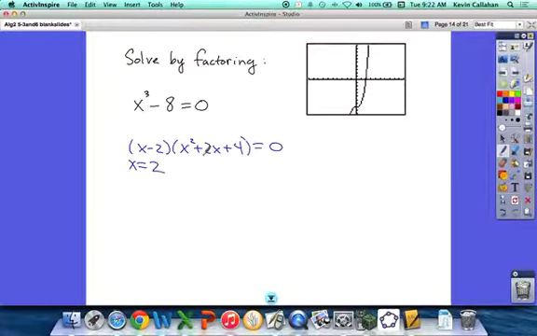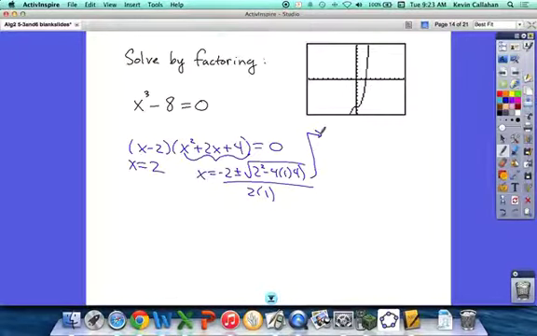So this one I have to do with the quadratic formula. x equals negative 2 plus or minus the square root of 2 squared minus 4 times 1 times 4, divided by 2 times 1. That equals 2 plus or minus 4 minus 16. This is the same one we looked at before.